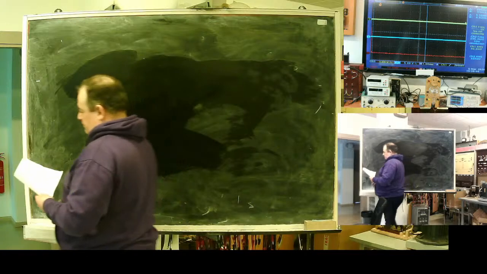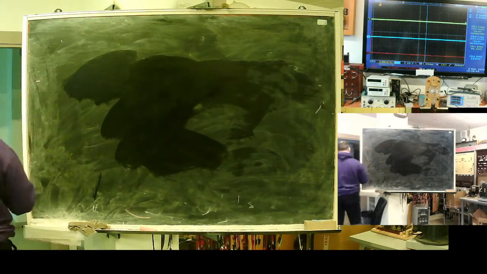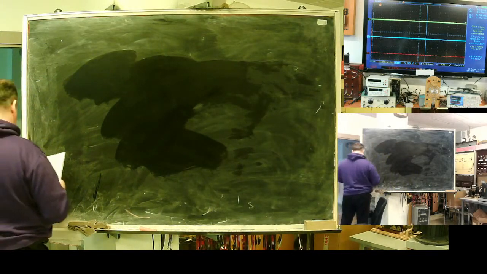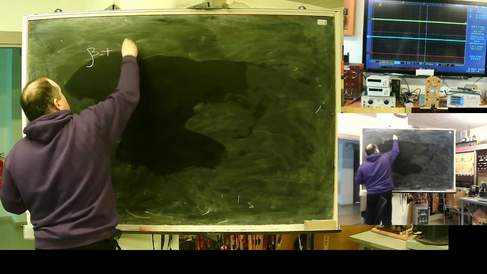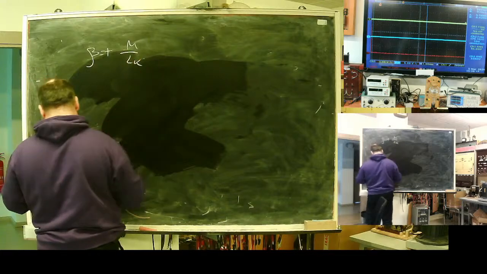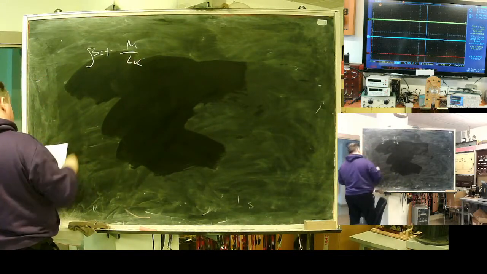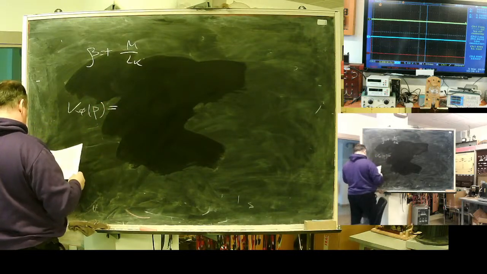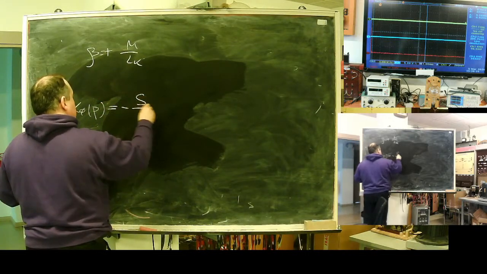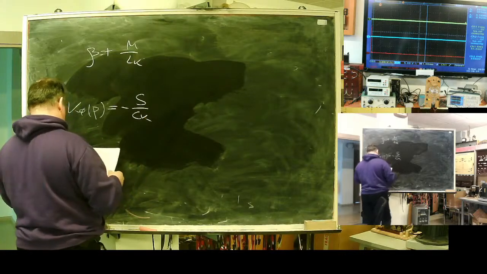So for negative feedback, assuming beta plus M against AK, we will have the real transfer function as S divided by CK.